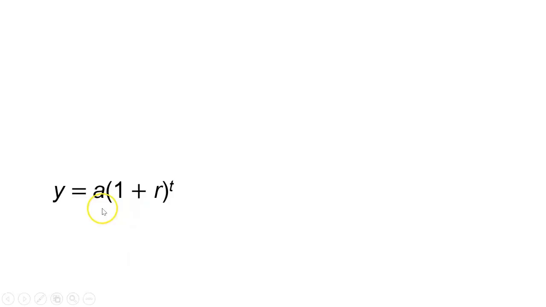Now using the formula y = a(1 + r)^t. Remember what a represents. A will represent the initial amount. R is the rate in percent, which we are meant to divide by 100 and have in decimal. And t tells you the number of years. Now let's insert this into the formula.